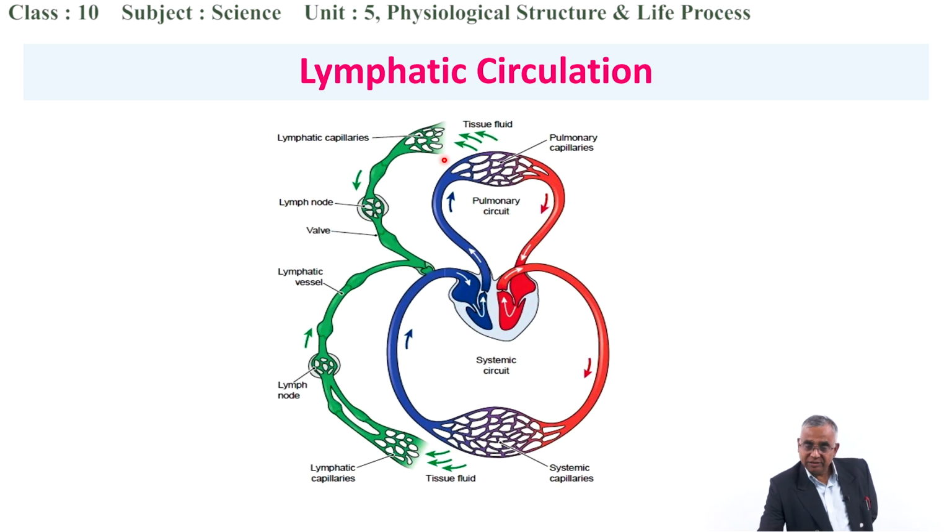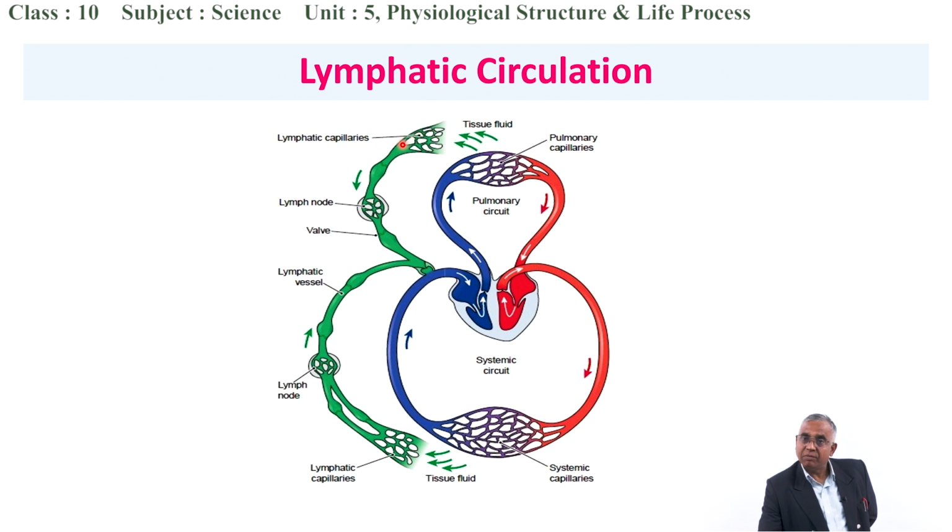And when the materials are passed out from these capillaries, required substances are absorbed by the cells and tissues. The remaining substances are absorbed from there by lymphatic capillaries. Some are absorbed here also, but many of the materials are absorbed here.